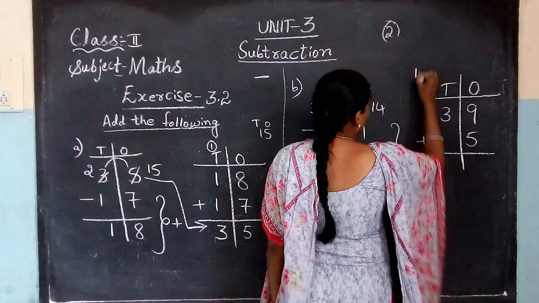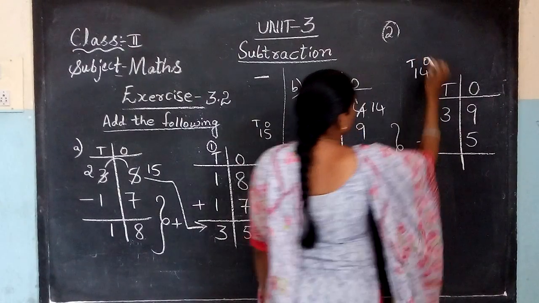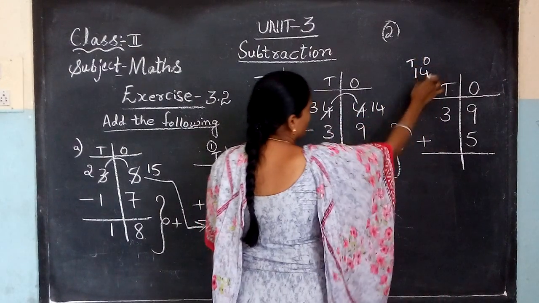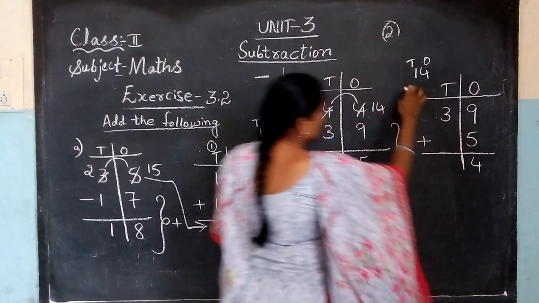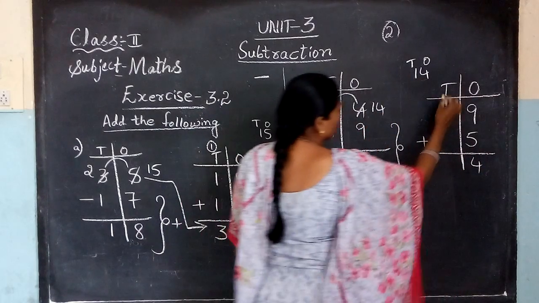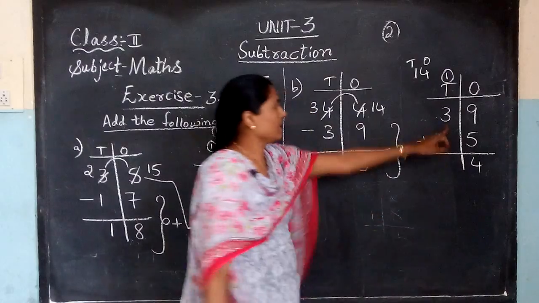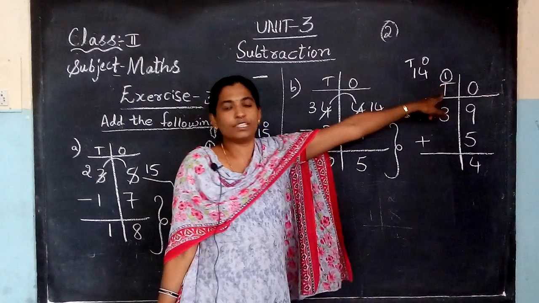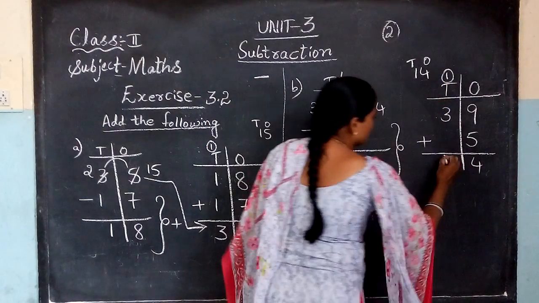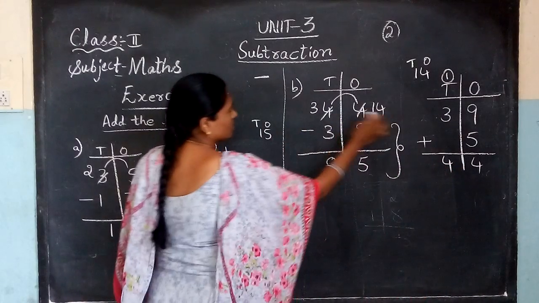I have explained, no? Ones, tens. What is there in the ones column? 4. In the tens column, what is there? 1. Keep carry 1 in the tens column. Again 3 in the mind and 1 in your finger. 3 after 4. You got answer 44, no?